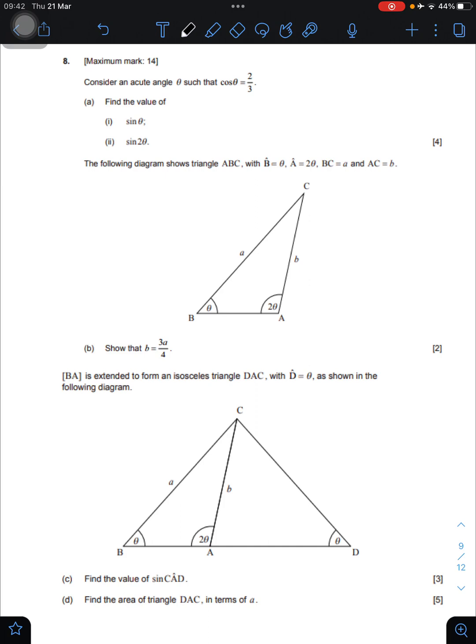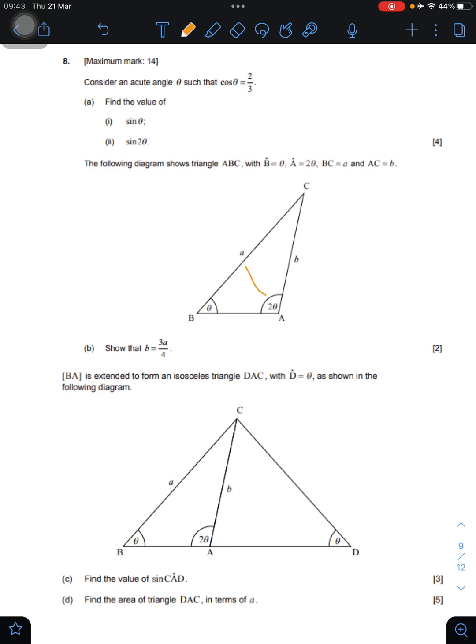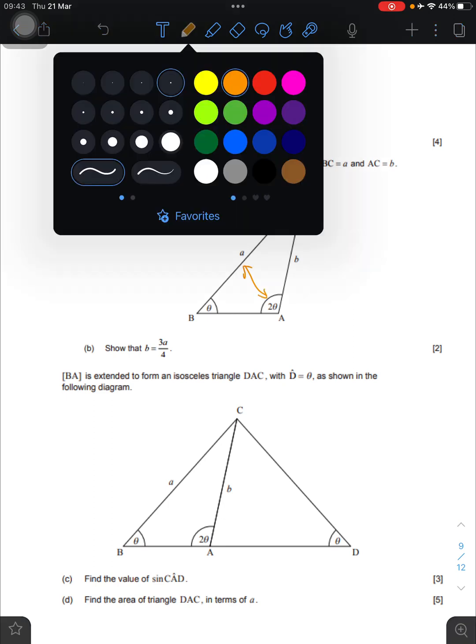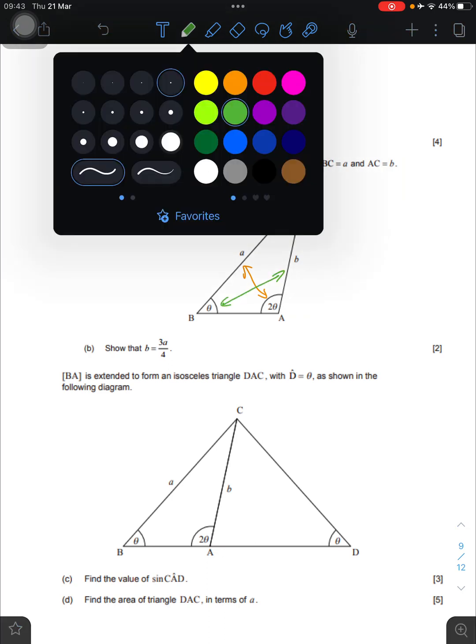So if we look at that second question, what they're giving us is a, b, theta, and 2 theta. Well, straight away I can see here that these are opposite to each other, and so we can apply our rule that we know for this, which is our sine rule.